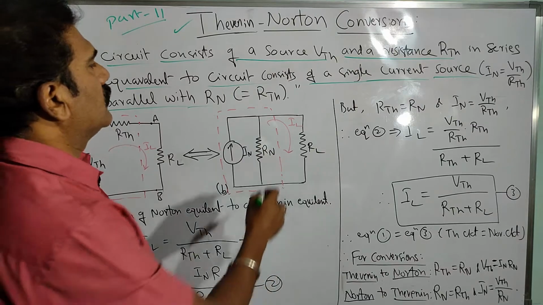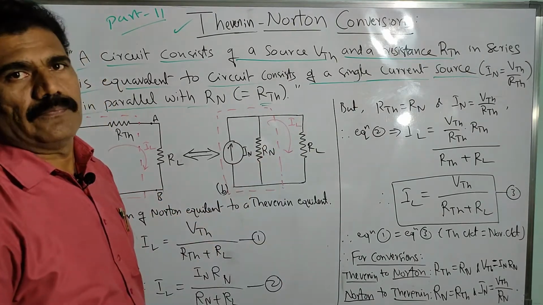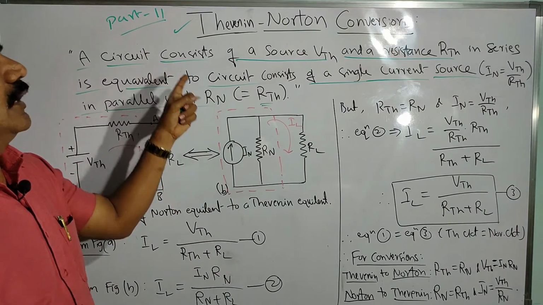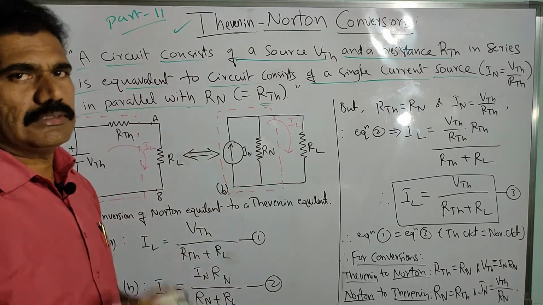That Rn must be equal to Thevenin's resistance also. Then we can say that the simplified networks, Thevenin's network and Norton's network, are equivalent to each other.